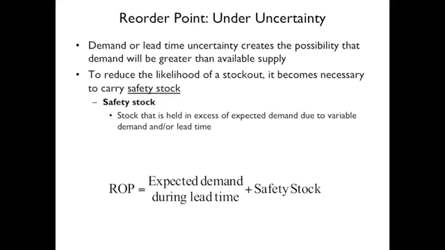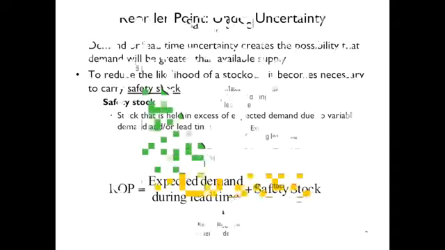So a safety stock is intentional excess inventory held in the expectation of either variable demand or variable lead time. So your reorder point with a safety stock is expected demand during lead time plus your safety stock.